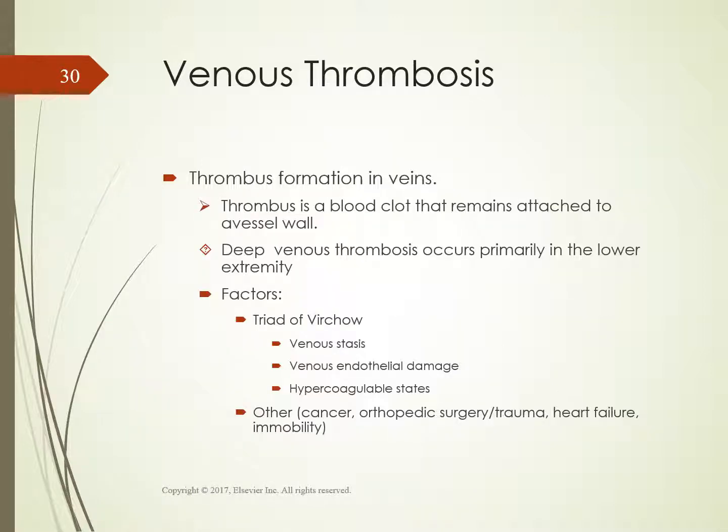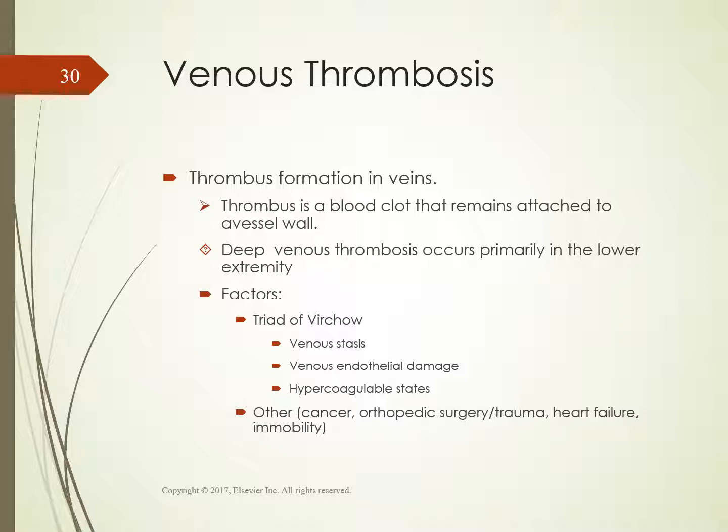So venous thrombosis is a blood clot that remains attached to a vessel wall. And deep vein thrombosis occurs primarily in the lower extremities. And you can get that from venous stasis, which is the immobility.